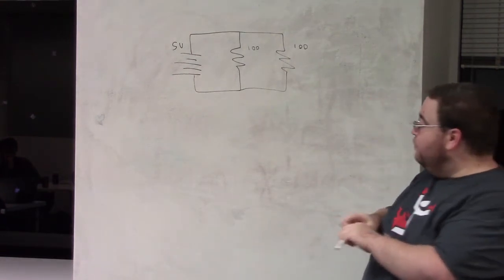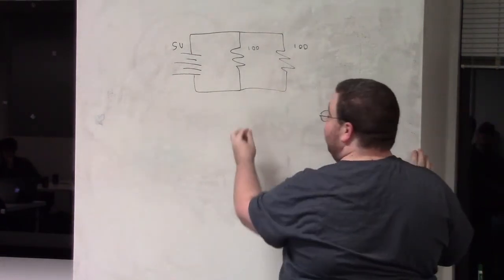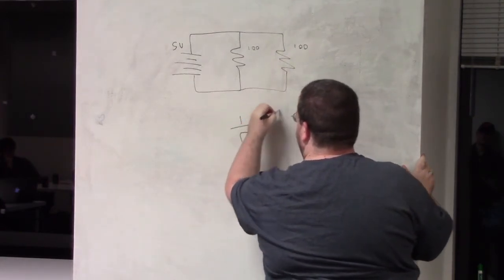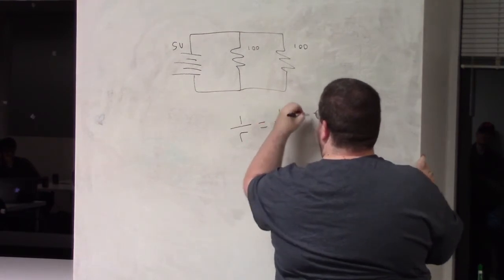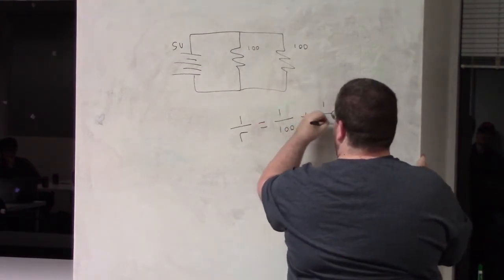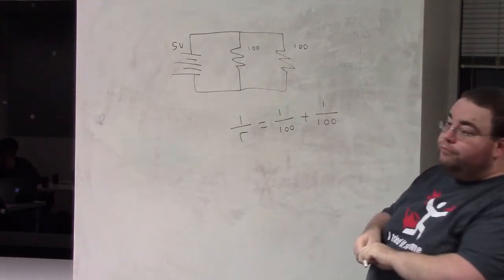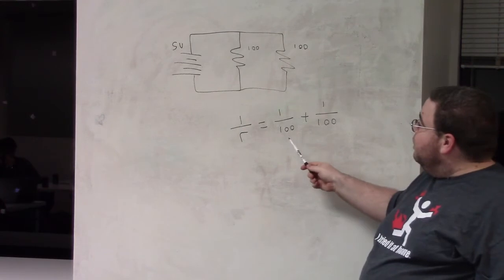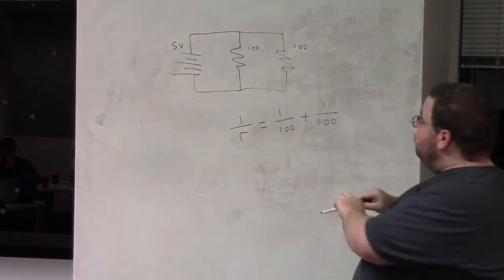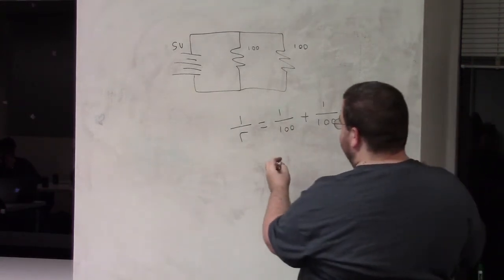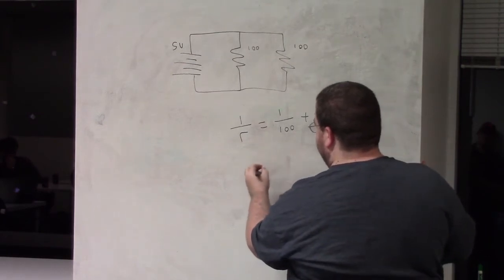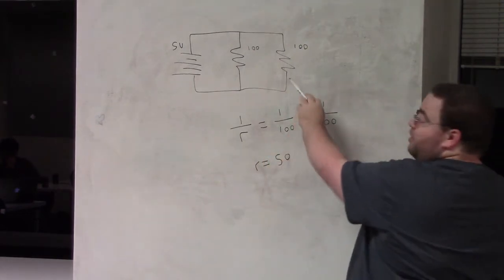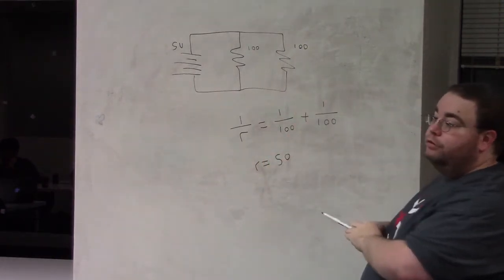And the formula for this is that the equivalent resistance of this mess is the sum of the reciprocals. So you can figure out from that that these two would be 250, which would be the same as having one 50 ohm resistor.